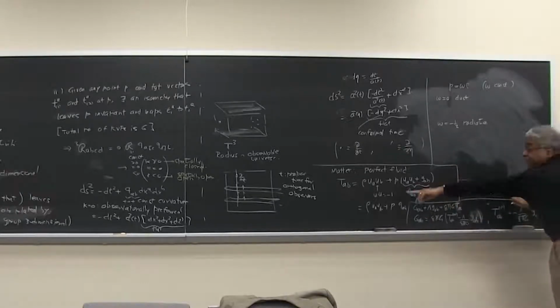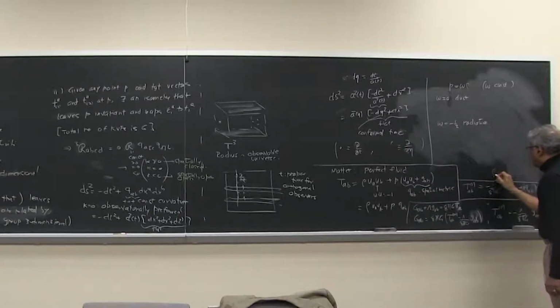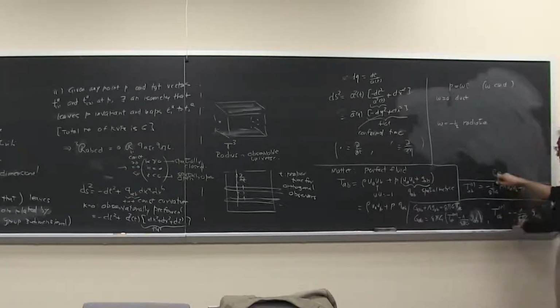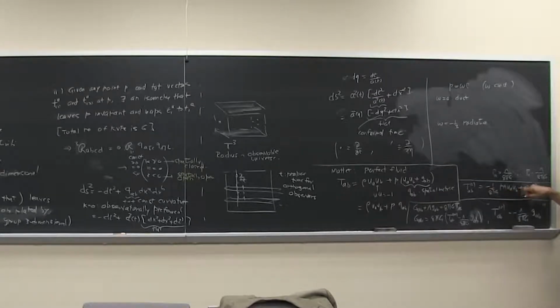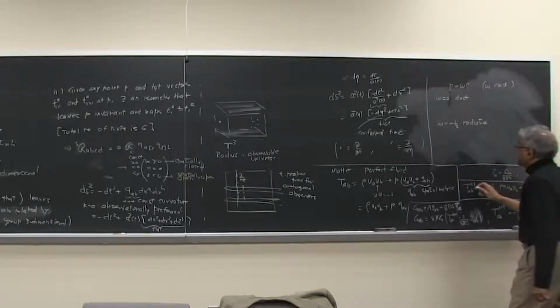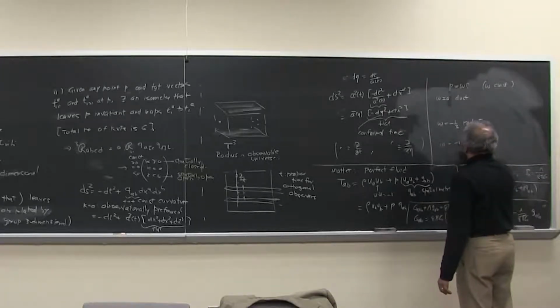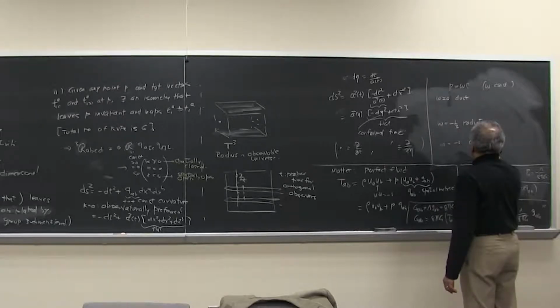And therefore, from comparing here, you see that the energy density coming from the cosmological constant is just given by lambda upon 8 pi G. And the pressure coming from the cosmological constant is just given by minus lambda upon 8 pi G, with this minus sign here. And that's why one says that the cosmological constant effectively has a negative pressure and has positive energy density. And so therefore P is equal to minus rho, so omega is equal to minus 1. This is often taken to be the cosmological constant.